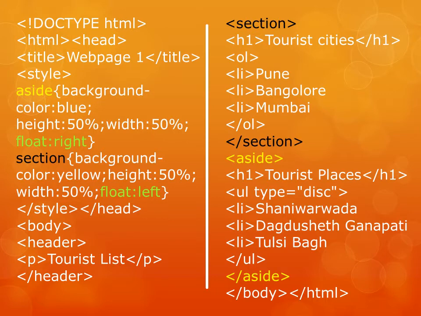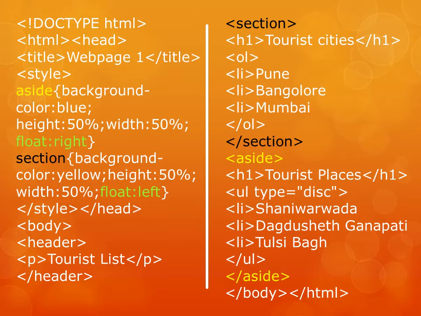So the ul tag is for unordered list, then write down its type, meaning disk, circle or square, etc. Here we are writing disk. Then write down the list items of the tourist places, then close the ul tag, that is the unordered list tag, and then close the aside tag, body and html.